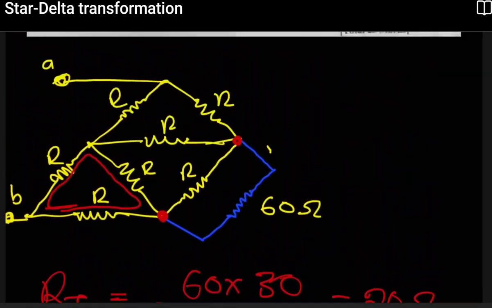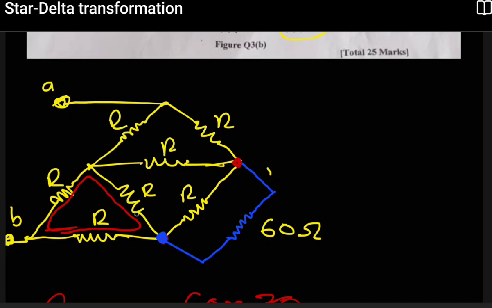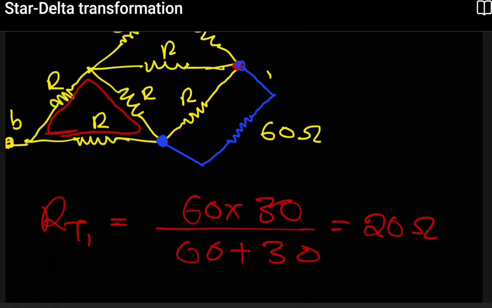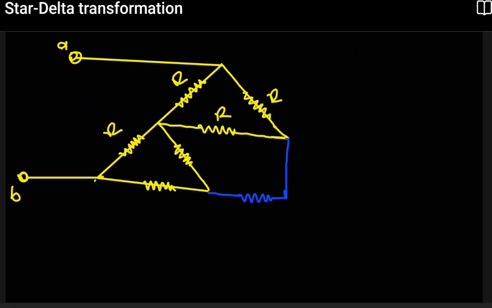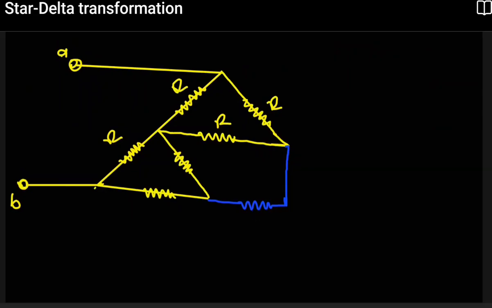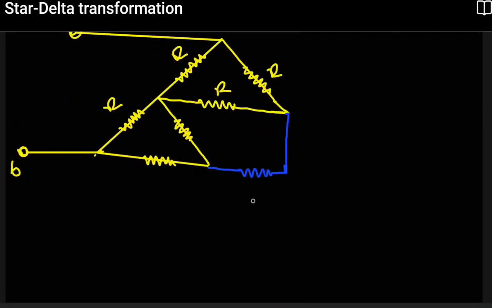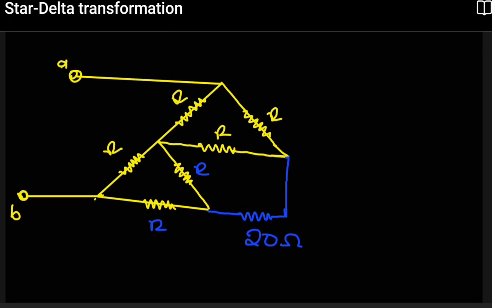Of course, they were standing at this end of this triangle and at this end of the upper delta there. So now we have reduced those, and we found this value here as 20 ohms. Everything else is R. Now we have simplified everything that could work straightforwardly.